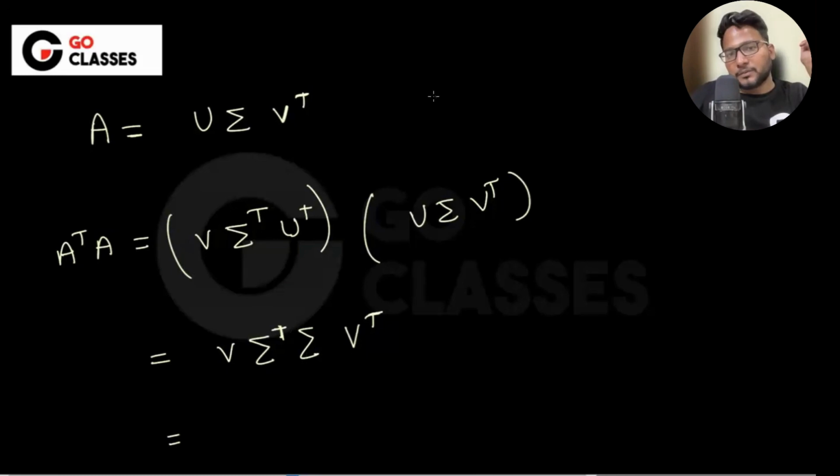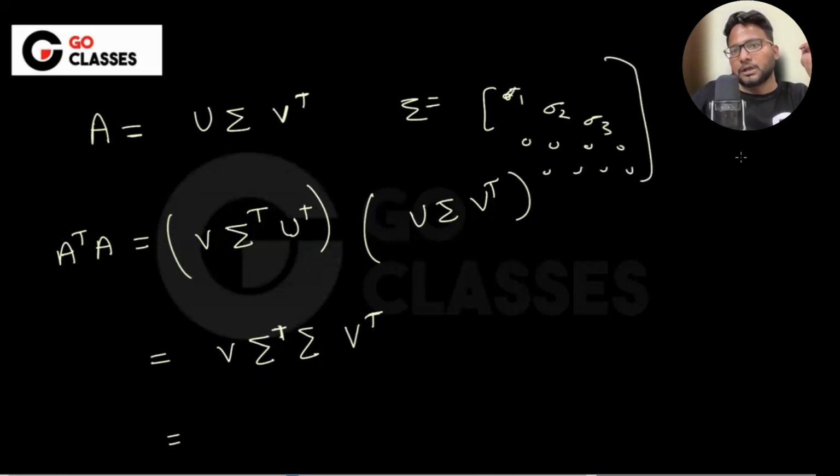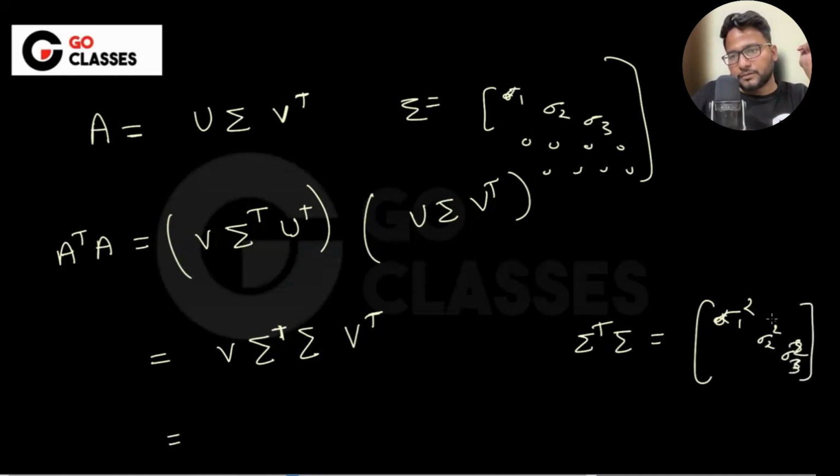If sigma is, let's suppose, sigma 1, sigma 2, sigma 3, and all are zeros in the remaining portion, then what is sigma transpose sigma? This is a square matrix with sigma 1 square, sigma 2 square, sigma 3 square, right? And all are zeros.